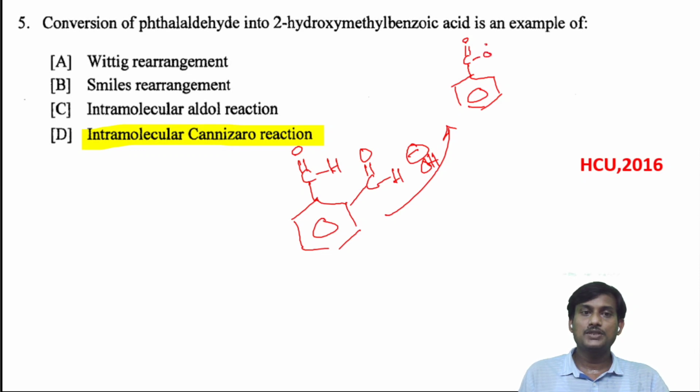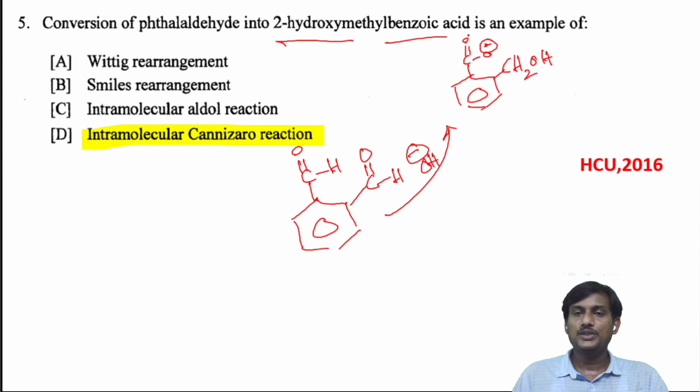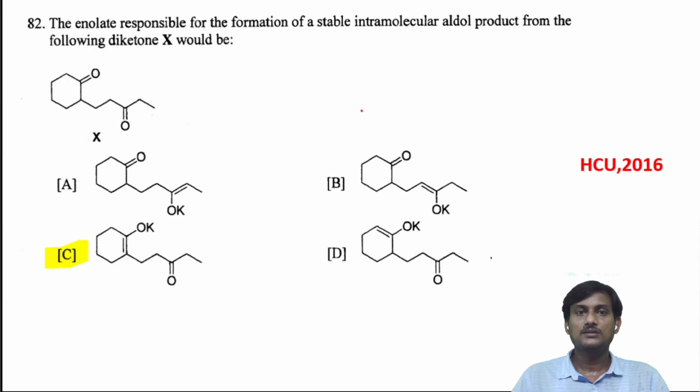This one will be converted into COO minus, and this one will be converted into CH2OH. And here there is a formation of 2-hydroxymethyl benzoic acid. It's an intramolecular Cannizzaro reaction. The reaction takes place within a molecule, so it's an intramolecular Cannizzaro reaction.